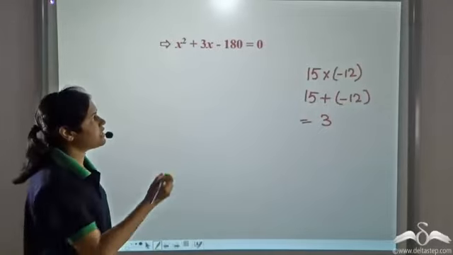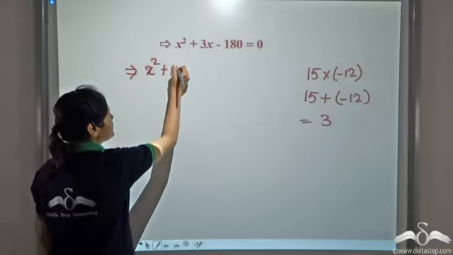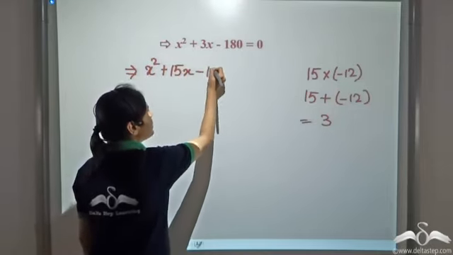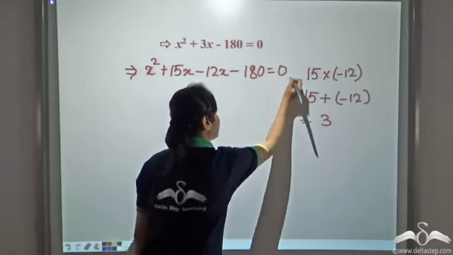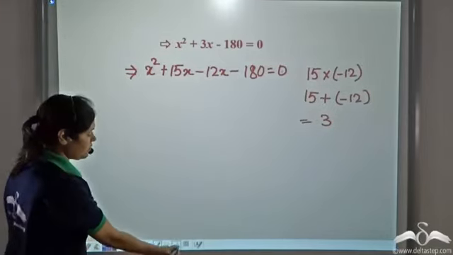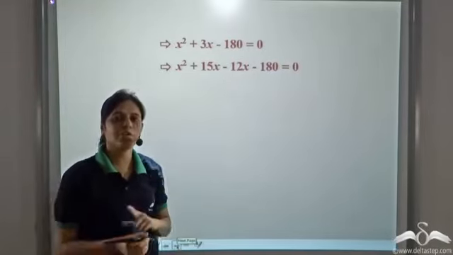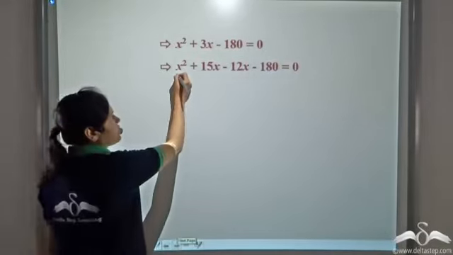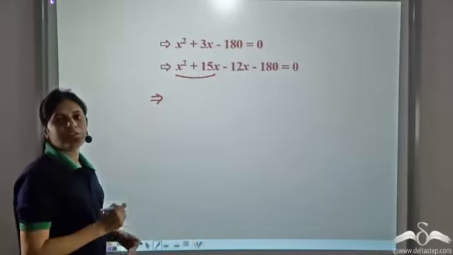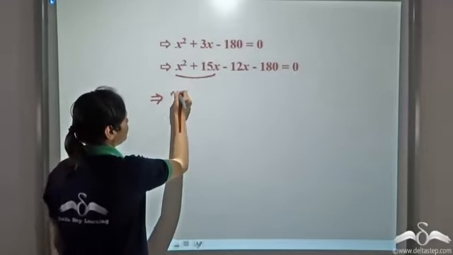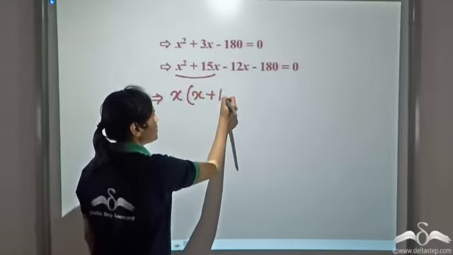So the two factors are 15 and negative 12. So let's write 3x as 15x minus 12x. So this is what we have. x square plus 15x minus 12x minus 180 equal to 0. Let's factorize these two terms. From these two terms, we can take x common. Taking x common, we get x plus 15.